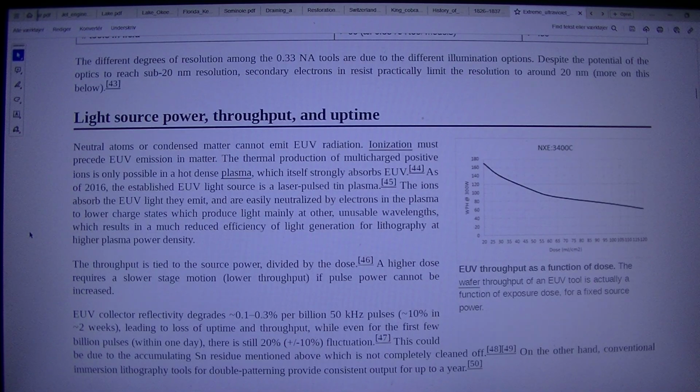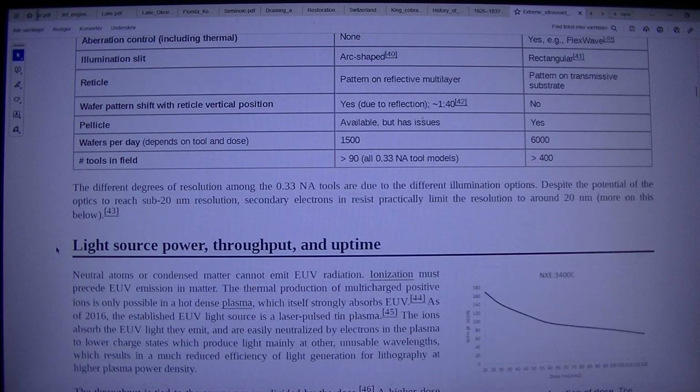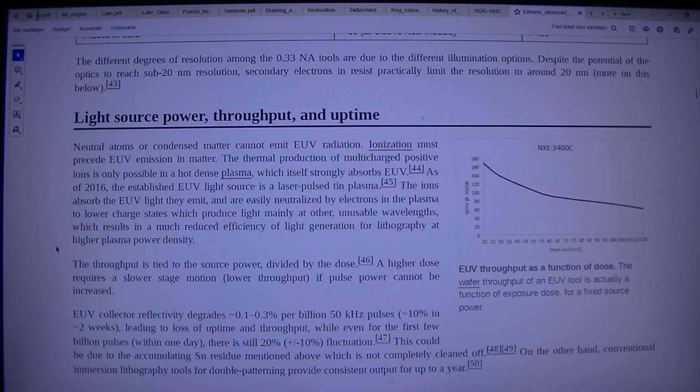Magnification 4x isomorphic for 0.25 and 0.33 NA, 4x/8x anamorphic for high NA. Ambient: vacuum, hydrogen, air. Exposed wafer area underwater. Aberration control, including thermal: none yes, for example, FlexWave.